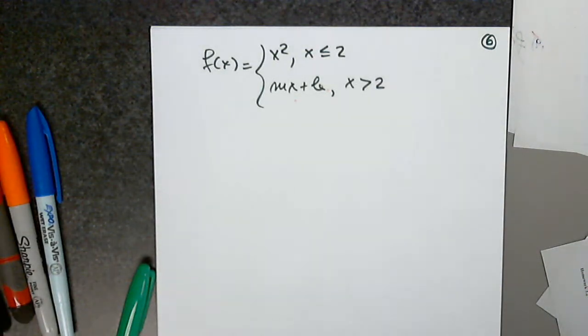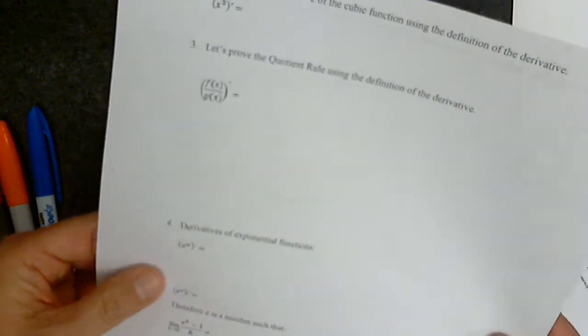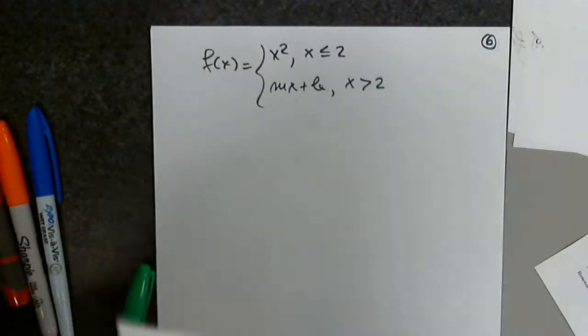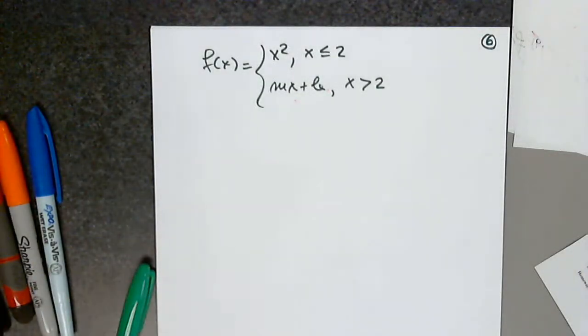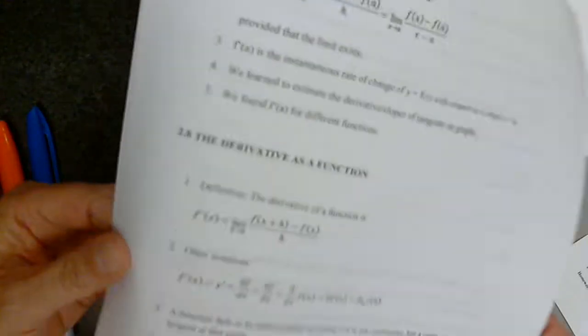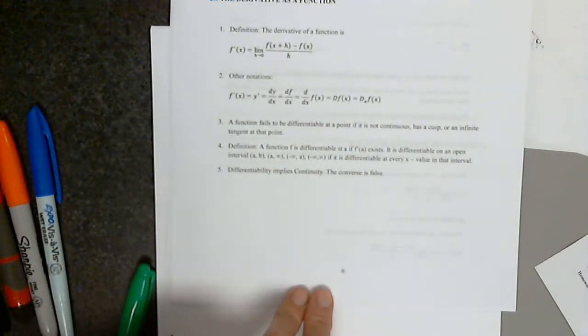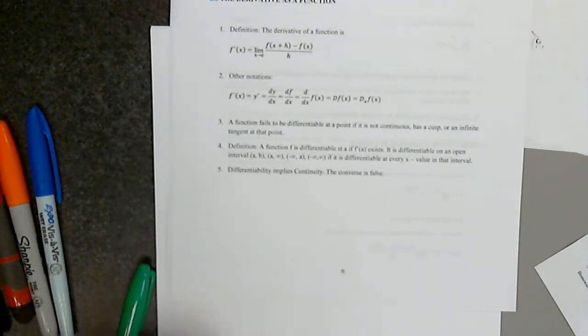One of the topics from chapter 2 that we will review over and over is the concept on the very last page of this handout, number 5. Can anyone read it? If not, I will.